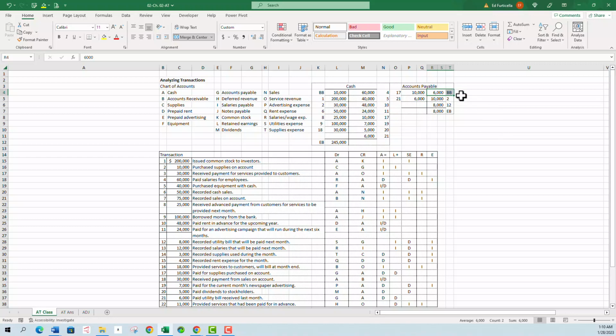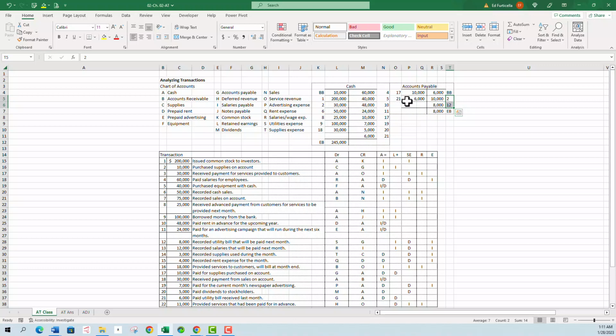Accounts payable is letter G, so you look at your transaction sheet and you'll find all the letter G's, and you'll see that we credited accounts payable for transaction 2 for $10,000, transaction 12 for $8,000. We debited it for transaction 17 for $10,000 and transaction 21 for $6,000.